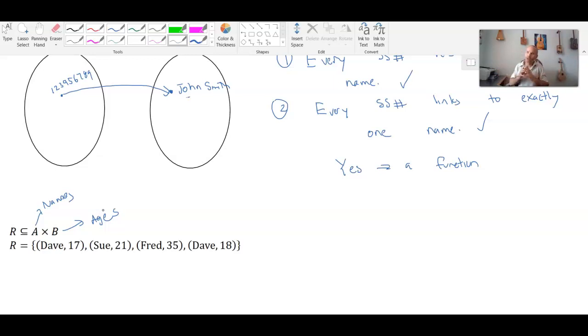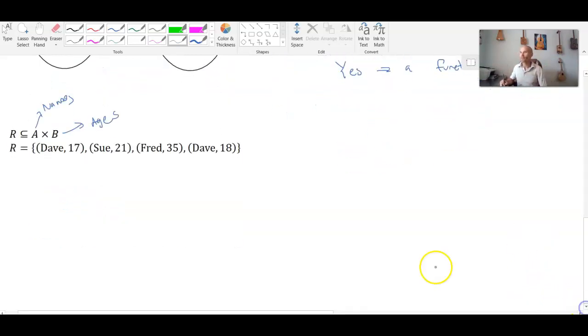If you're writing a computer program, you may actually be passing tuples back and forth between functions and hoping to get the desired output. Now, the visual way in which I could draw this is again to think about my domain, which is going to be the set of all names: Dave, Sue, and Fred.